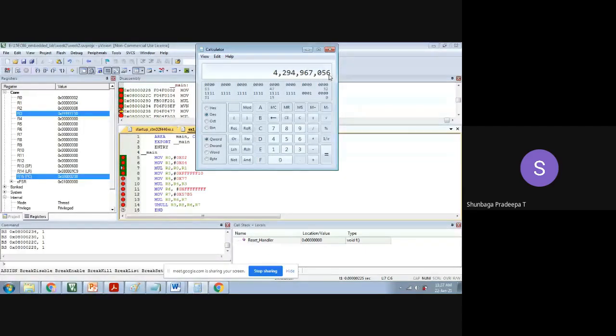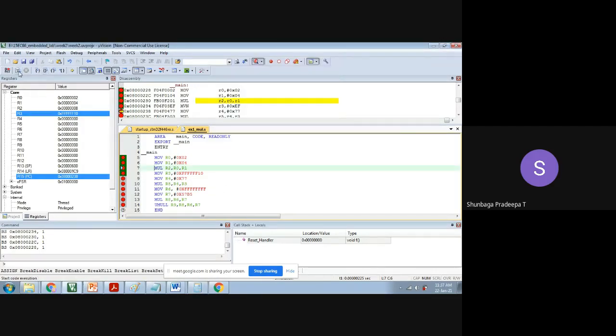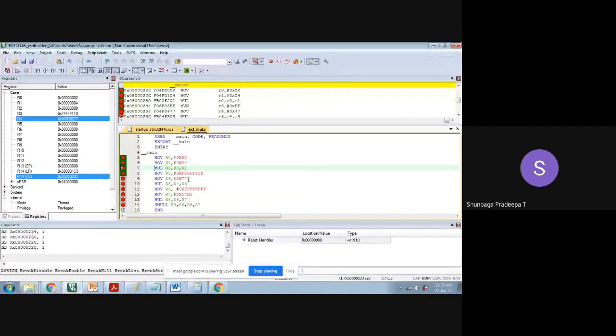It's quite a long, bigger number. So this value we are multiplying with another number. So what is the next number? We are moving your R4 register with hex 77. So hex 77 we are moving, and these two, R3 register value and R4 register value, you are multiplying, and that is loaded into your R5 register.